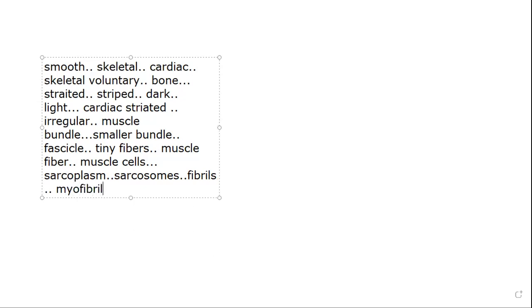These myofibrils are thin thread-like structures, and it is on these myofibrils that we observe striations. These myofibrils are made up of two different types of small proteins, which are known as the myofilaments. These myofilaments are present inside the myofibrils.